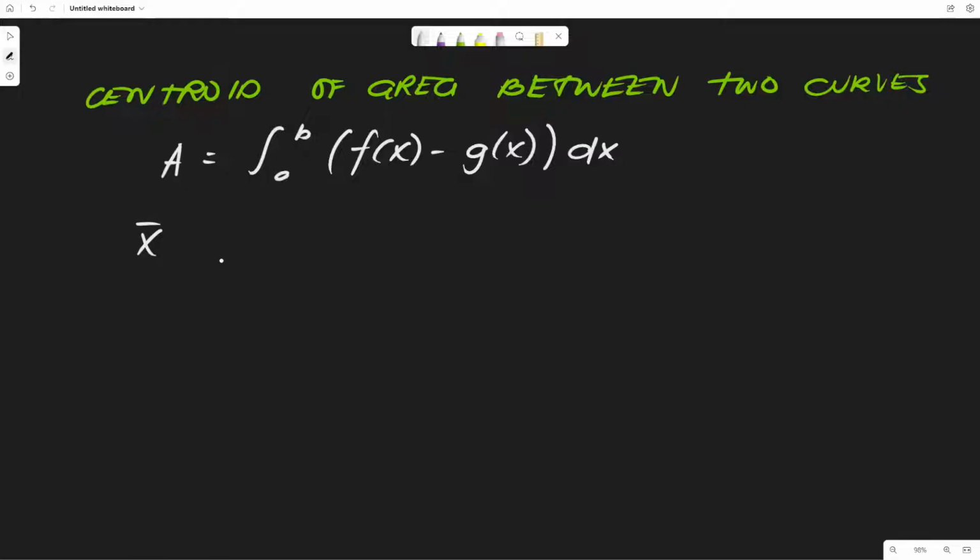For x bar, we just replace f of x with f of x minus g of x. So we have 1 over A, integral from a to b of x times f of x minus g of x.